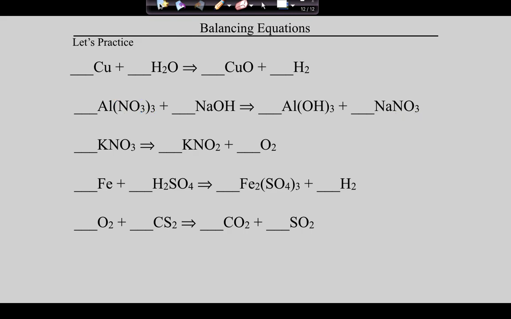So guys, don't do this. Okay. That changes the formula. Na's +1, nitrate's -1. You only need 1 of each. So guys, how do we get 3 NO3s? Put a 3 in front. Now we have 3 NO3s.